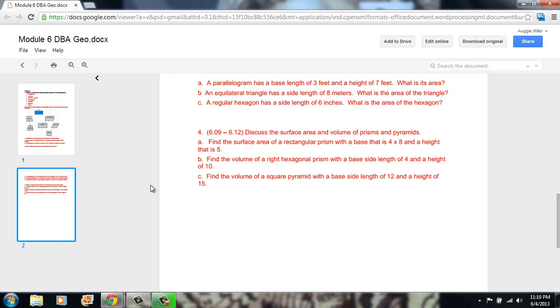Then we'll find the lateral area. So there'll be two sides that are 4 by 5. So 4 times 5 is 20, times 2 is 40. And now there will be two other sides that are 8 by 5. 8 times 5 is 40, times 2 is 80.